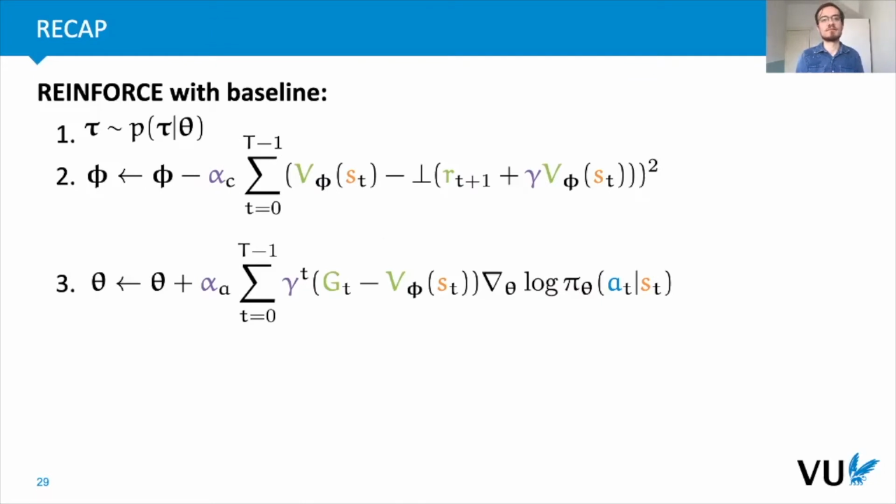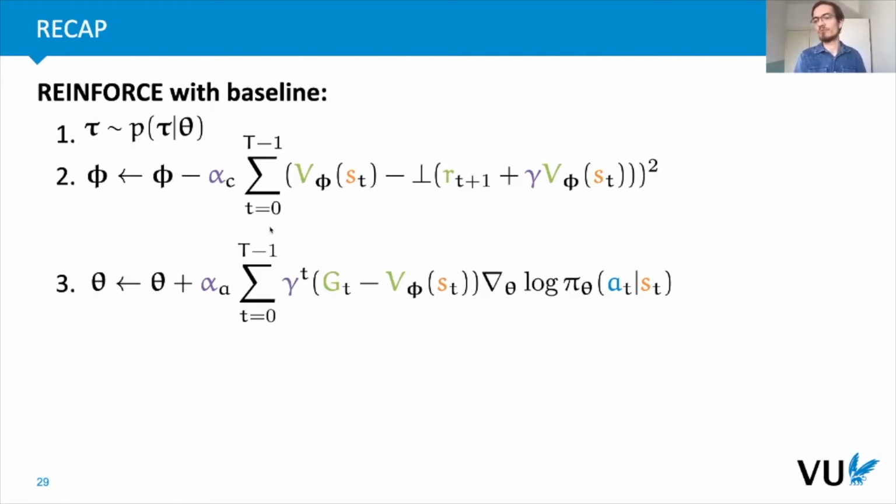So, REINFORCE with a baseline is going to be a very simple algorithm, but now you are actually training two parameters, because you're training both the policy and the baseline. So what we do is simply sample the trajectory, just like in REINFORCE.